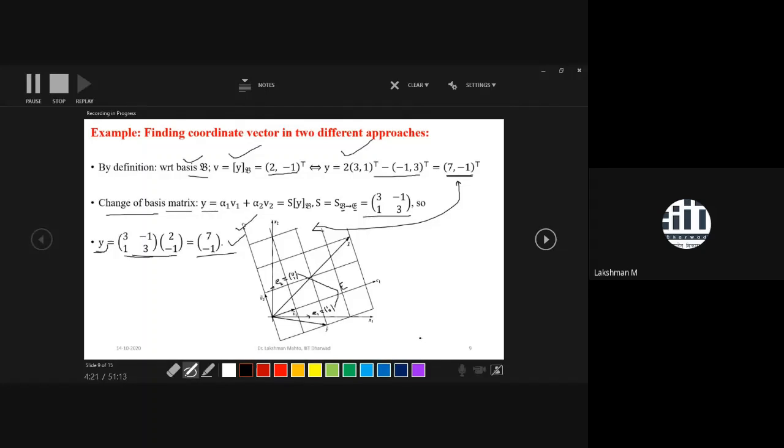Now the same point, if you visualize it from v1 and v2, the coordinate with respect to v1 and v2 is 2, -1. The point is the same, but the coordinate has changed.